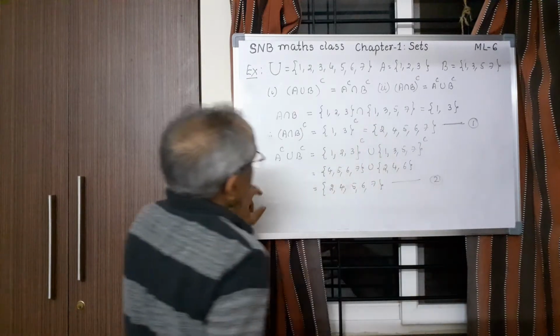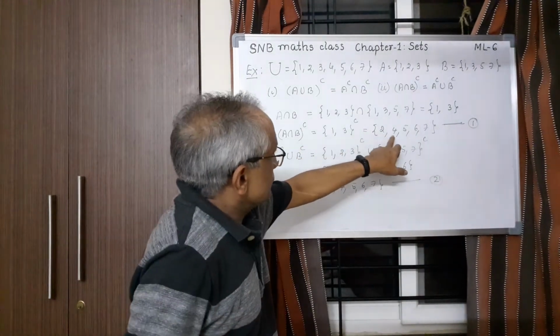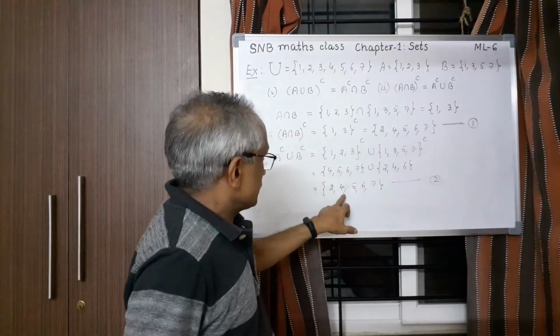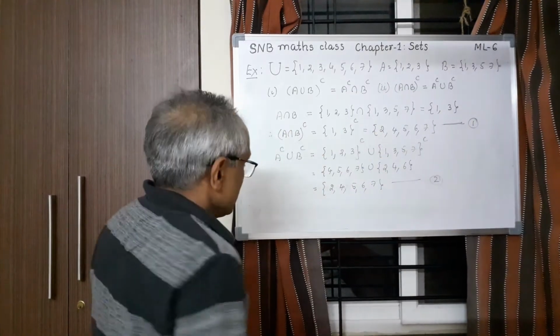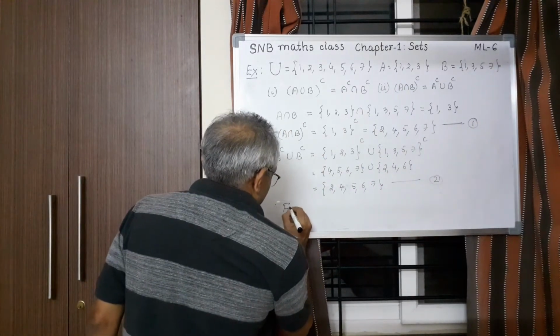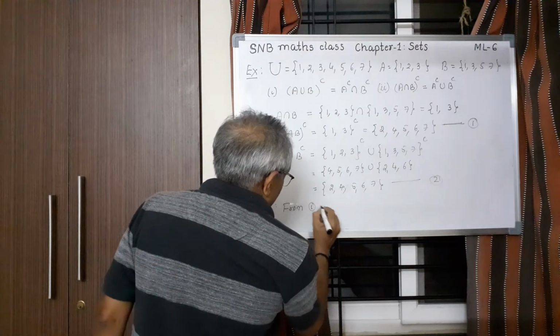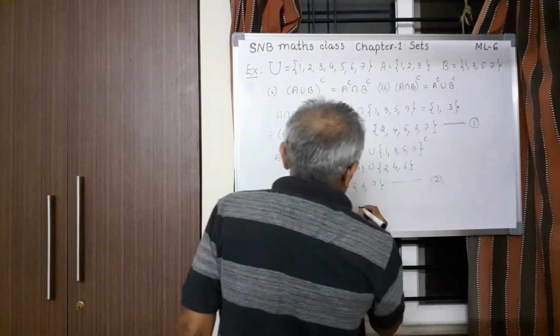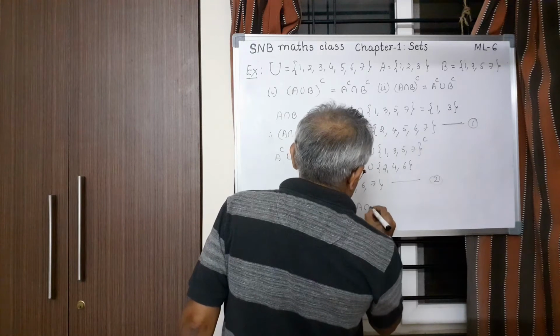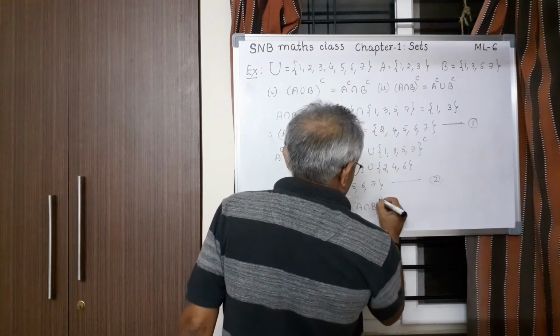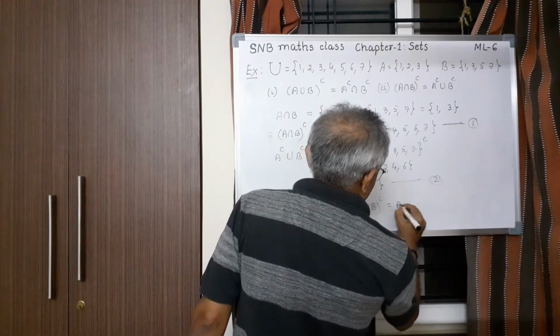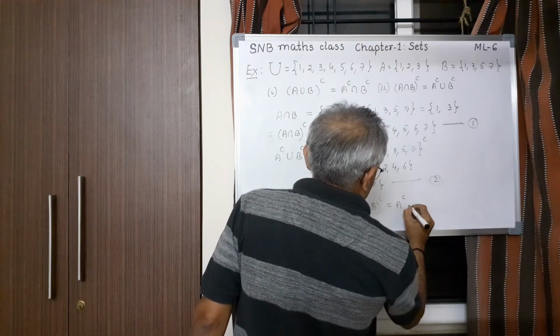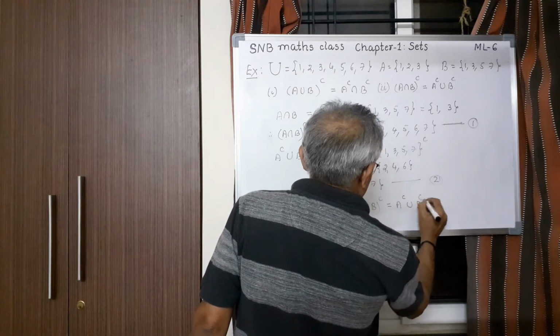Now once again you see, here 2, 4, 5, 6, 7, 2, 4, 5, 6, 7, both are equal. Therefore, once again from 1 and 2, (A intersection B) complement will be equal to A complement union B complement.